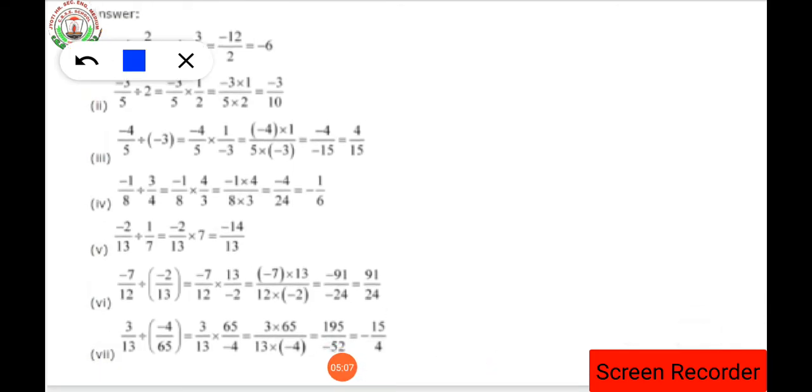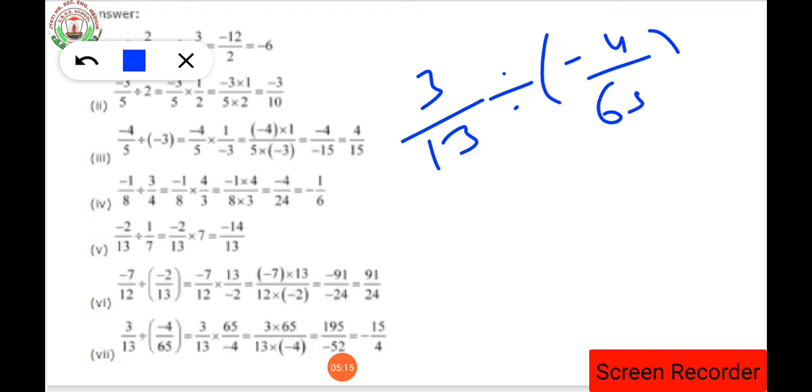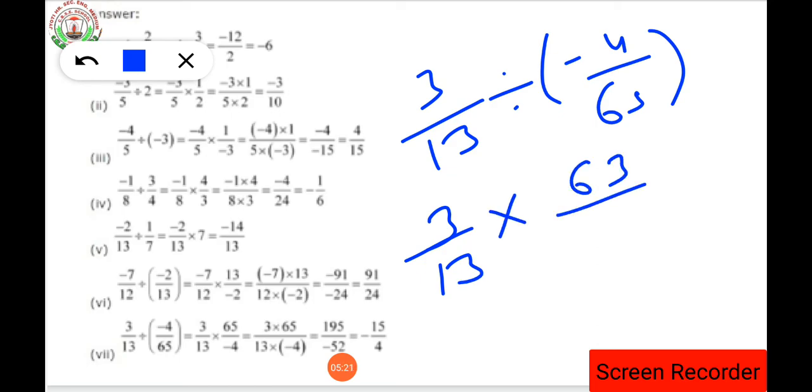One more question I would like to tell you, that is the last part of this chapter, minus 13 divided by minus 4 upon 65 is the number. So 3 upon 13 we are having into 63 upon 4. Okay, now here we got the numbers. When we are going to cancel it, 3 3's will be 9, isn't it?